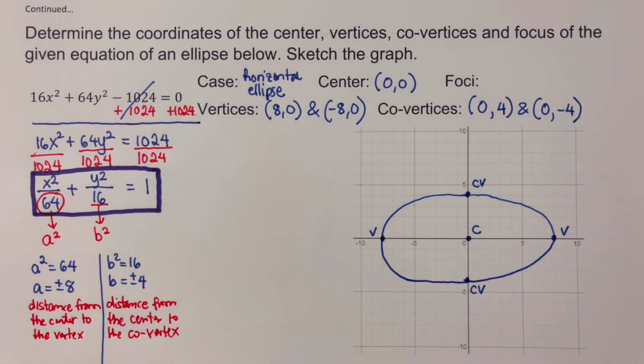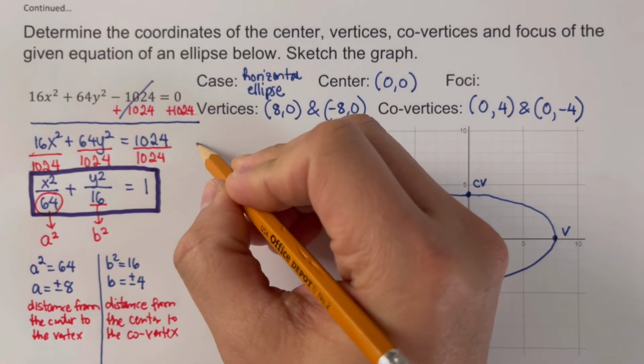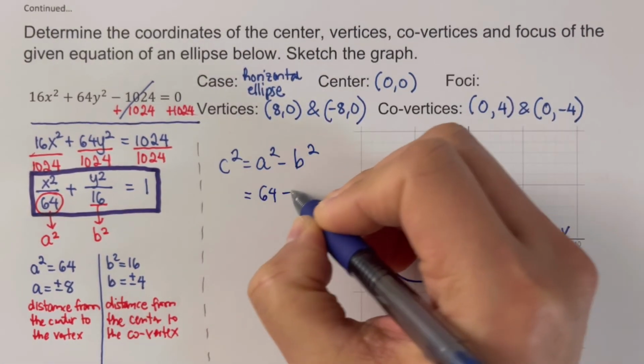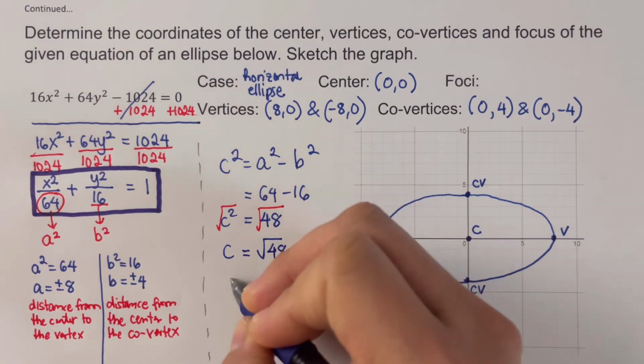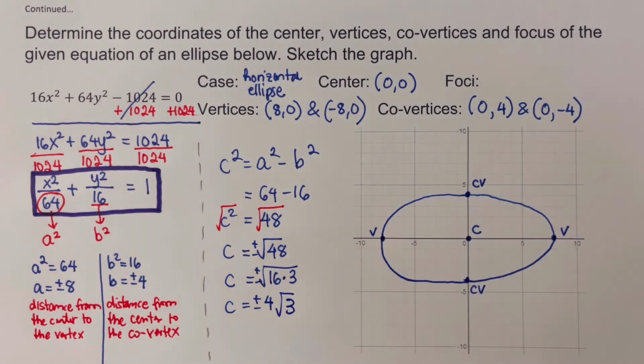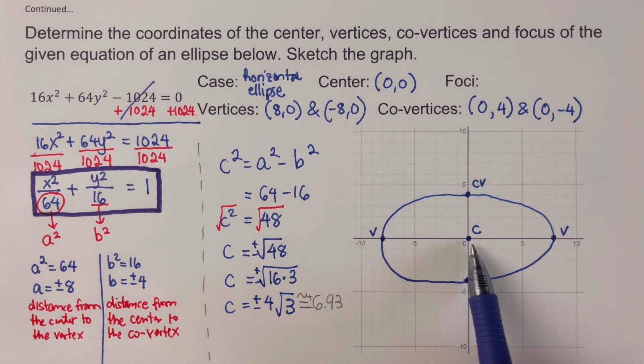Okay, now let's determine the location of the two foci. Now we remember that the location of the foci is c distance from the center. So I'm going to show the work up here. Okay, so the location of the focus is 4 square root of 3 distance from the center, or approximately 6.93.